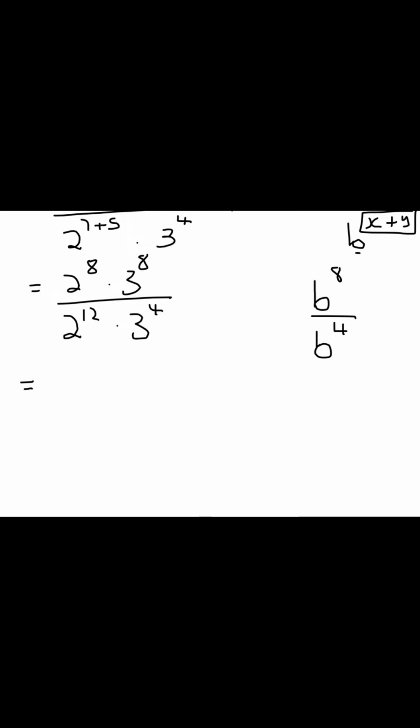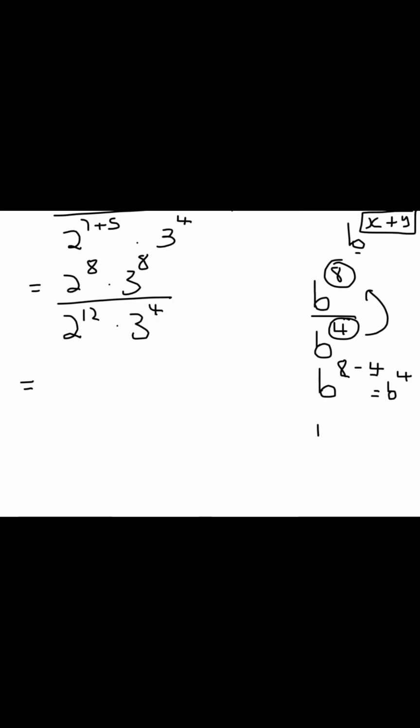That's how it works. So this exponent has to go to the top, and it ends up being b to the exponent of 8. Remember, you minus when you are dividing the same bases. Then it ends up being base to the exponent of 4, because 8 minus 4 is 4.